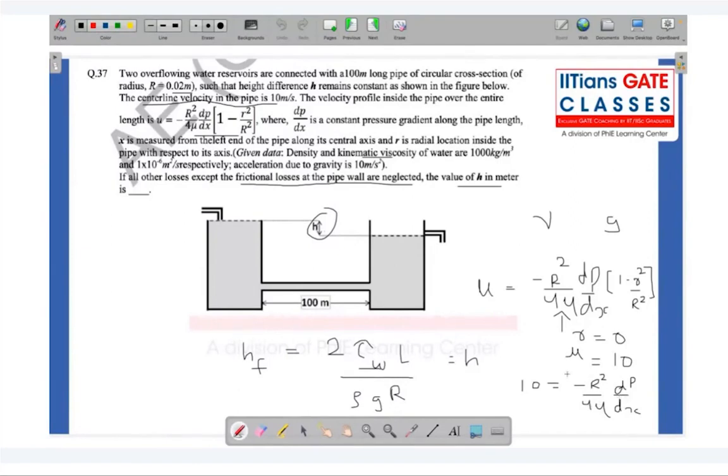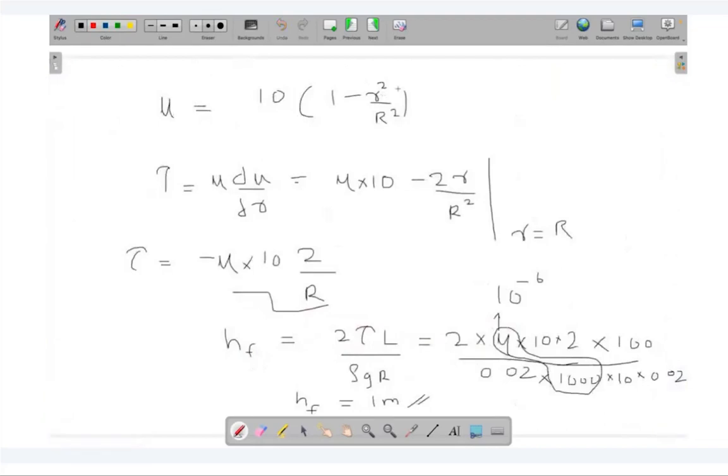No, since they've given us a center line velocity, if I substitute r equals 0, I get minus R square by 4 mu into dou p by dou x equals 10. So whatever this is, I can just take it as 10, and then my u becomes 10 into 1 minus small r square by capital R square.